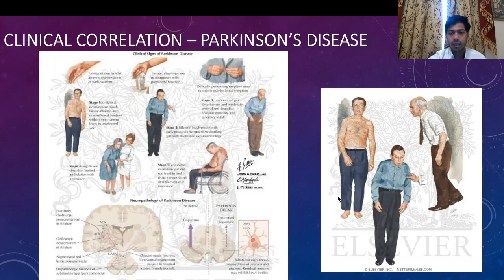You can see that you tend to have abnormal posture, and it's caused by decreased dopamine in the substantia nigra and also the basal ganglia.